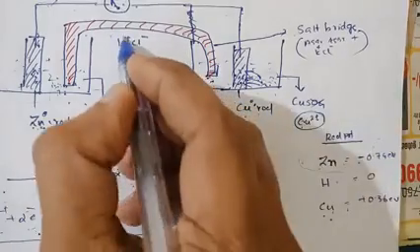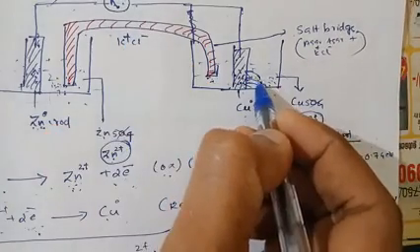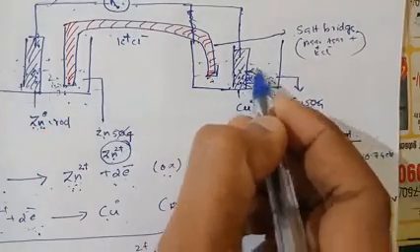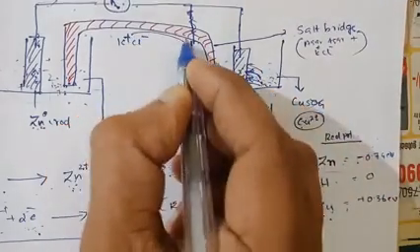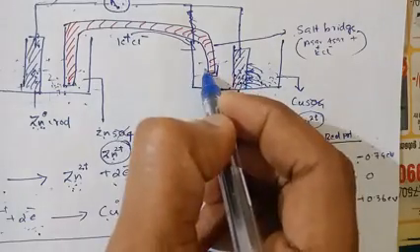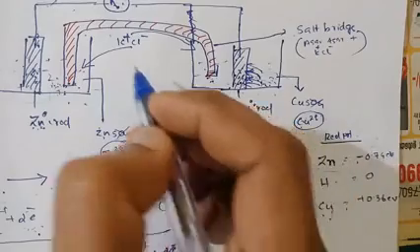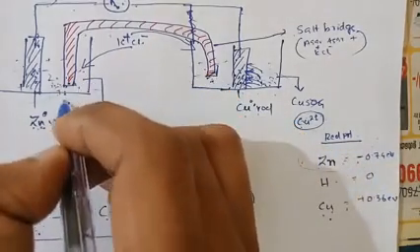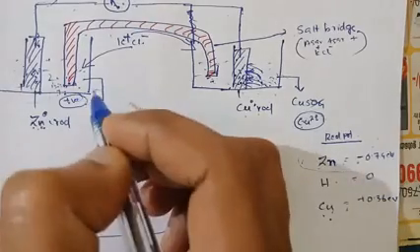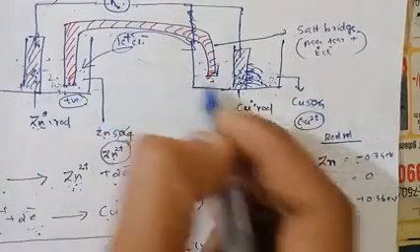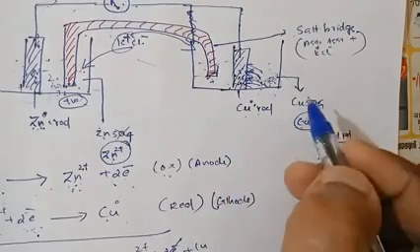Clear? Here positive charge is decreasing from time to time. So K+ will move towards this electrolyte, and Cl- will move towards that electrolyte. The negative charge will reduce the positive charge present in this beaker, and the positive charge will increase the positive charge here.